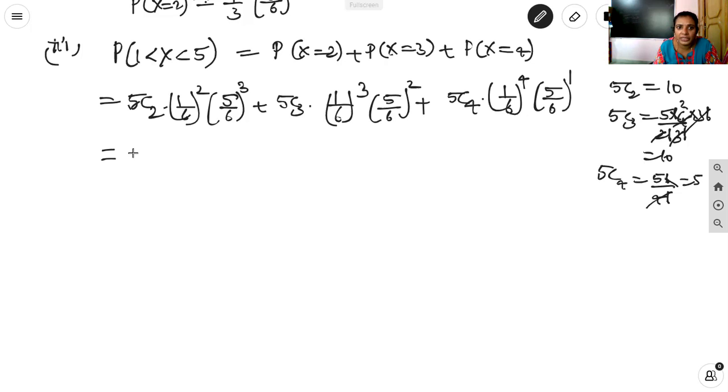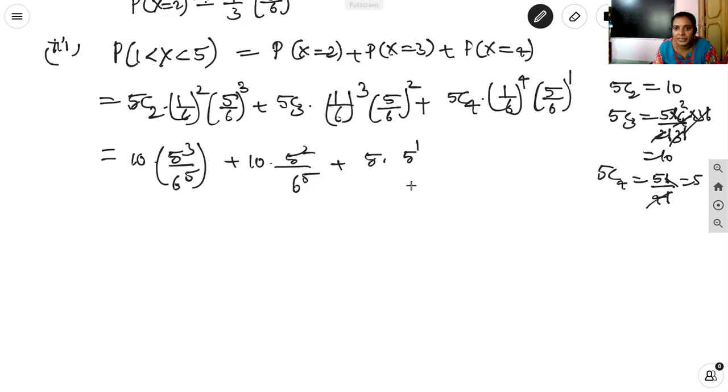So 5c2 is 10 into 5 cube by 6 power 5, plus 5c3 is also 10 into 5 square by 6 power 5, plus 5c4 is 5 into 5 power 1 by 6 power 5.